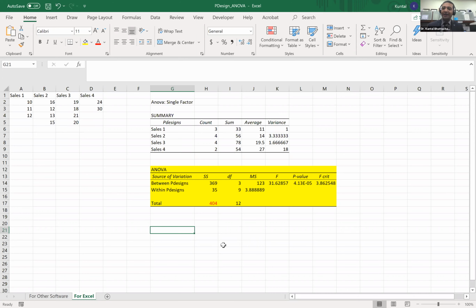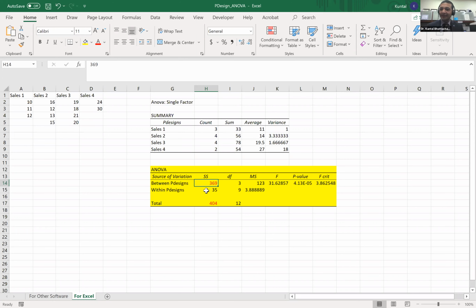If I ask you the same question that I asked a few minutes back, if the total variability in the data set is objectively represented as 404, how much of that variability is due to the package design itself? Can you give me a number from this table? 369. 369 is the right answer.